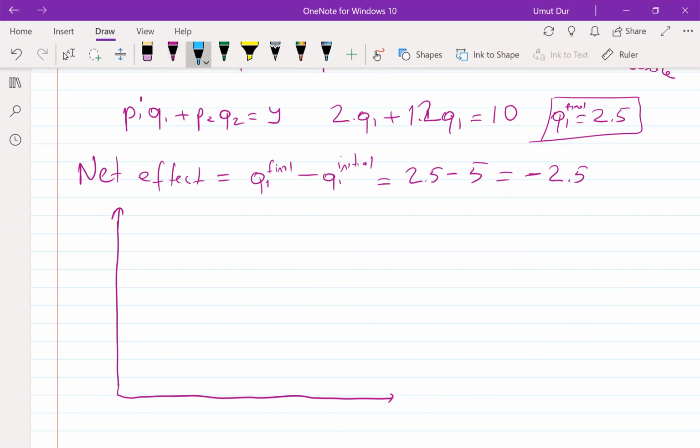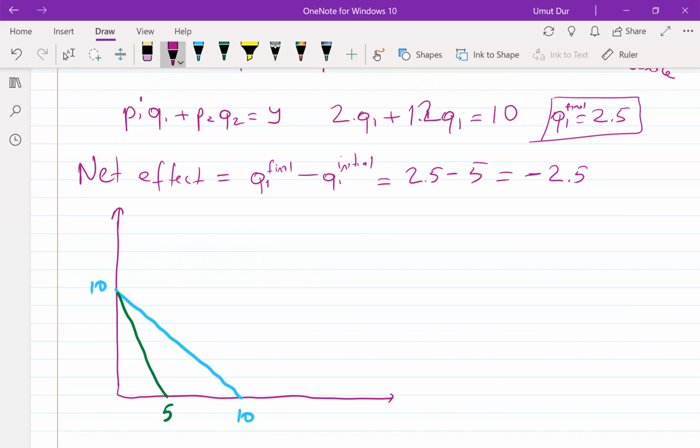Initially, my budget line is this one. It intersects here at 10 and 10. Then the price of good 1 increases, while the price of good 2 stays the same. Now it intersects here.